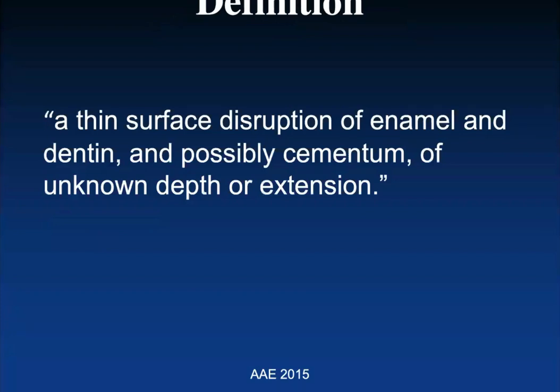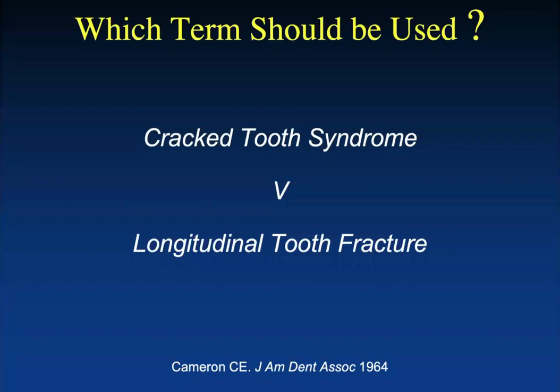So in definition, it's a thin surface disruption of enamel and dentine and possibly cementum of unknown depth of extension. So should we say cracked tooth syndrome, the endless argument, or longitudinal tooth fracture?